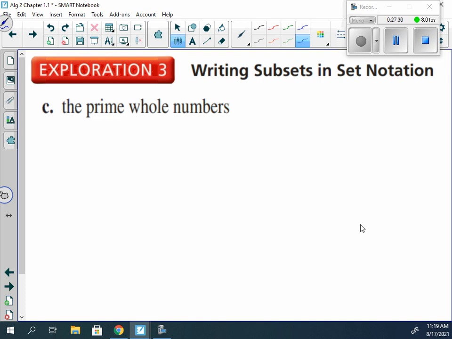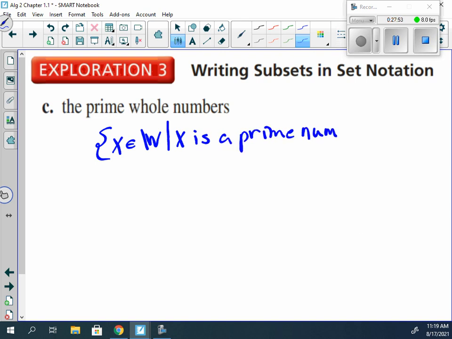Now, with this here, really the way we would end up doing this, we're saying the set of all x, x is a whole number, such that, y'all ready for this? What are we talking about? It is prime, right? x is a prime number.